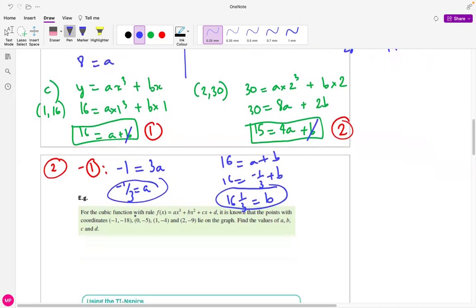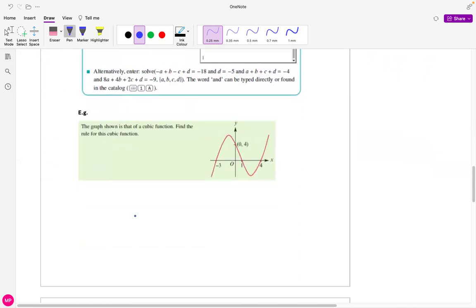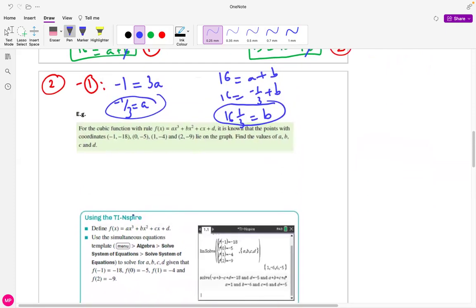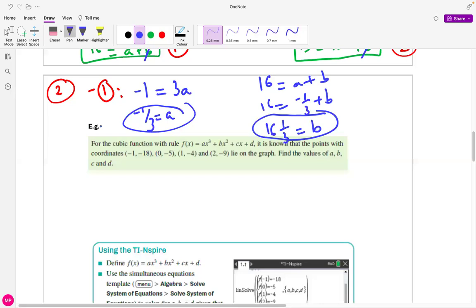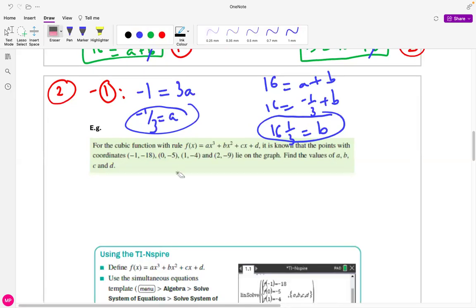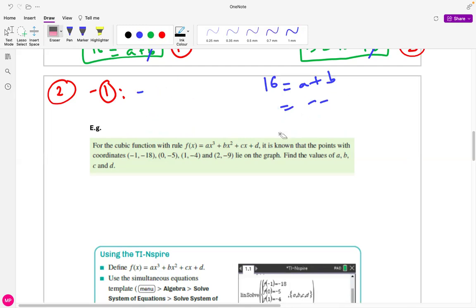All right, there are a few more examples, and this time I want to show you how to do it on the calculator. With this example here, you can see they give me the general form, and the reason is that they just give me 4 random points. It's not the x-intercept or the turning point. So I substitute in all of them.